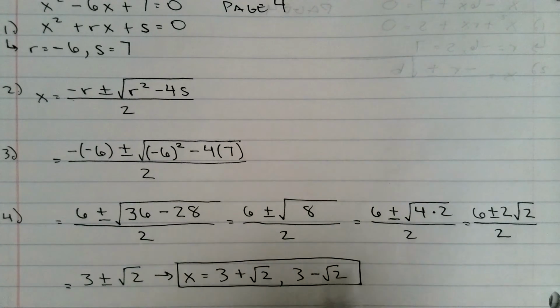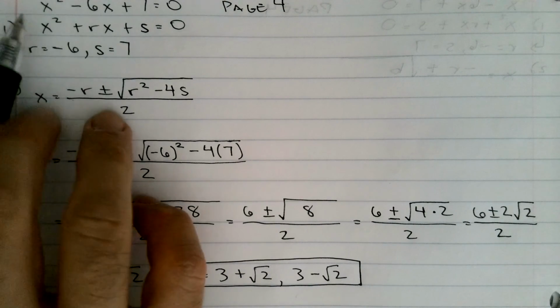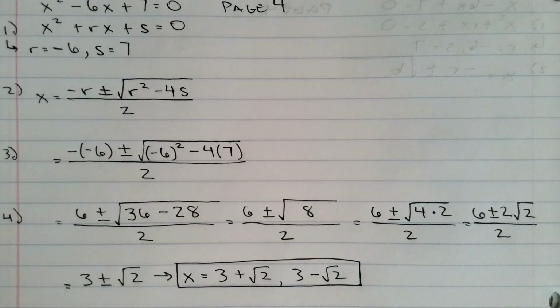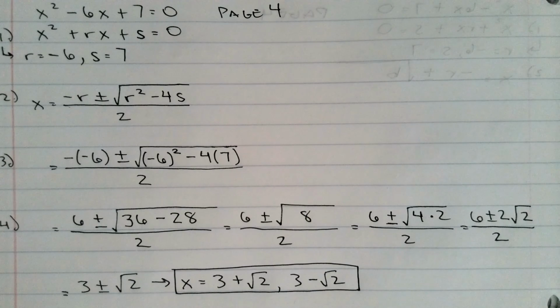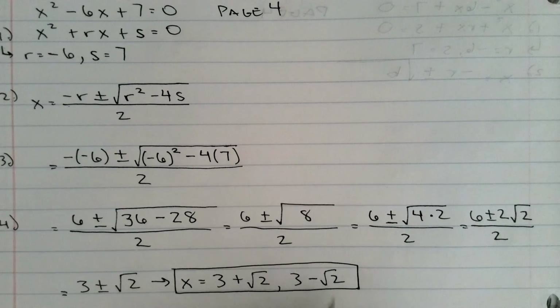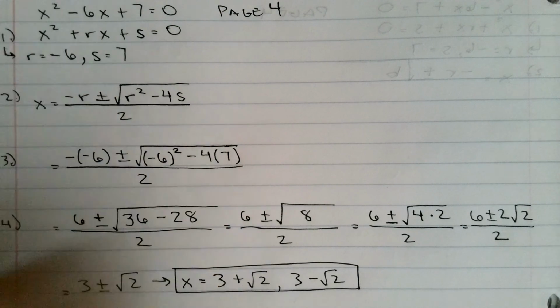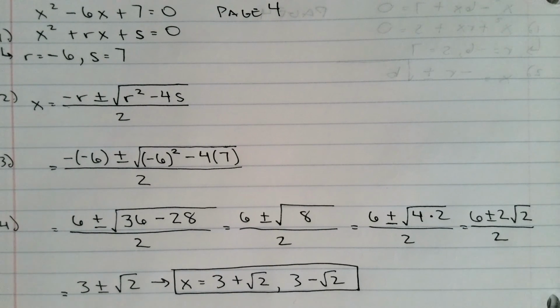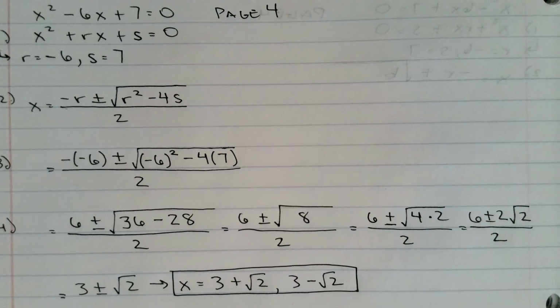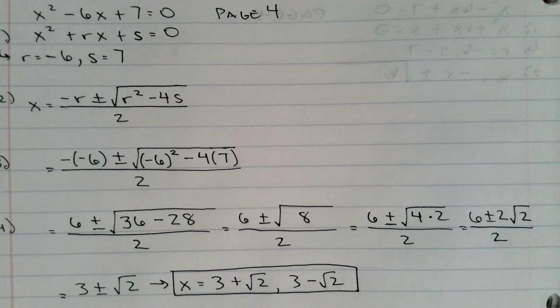And you could actually check my work. You could plug this back in for x and see if that gets the whole quadratic equal to 0. And then you can plug in 3 minus the square root of 2 and see if that also gets you an answer of 0. And so that's how we solve this monic quadratic using this theorem. I hope that was helpful.